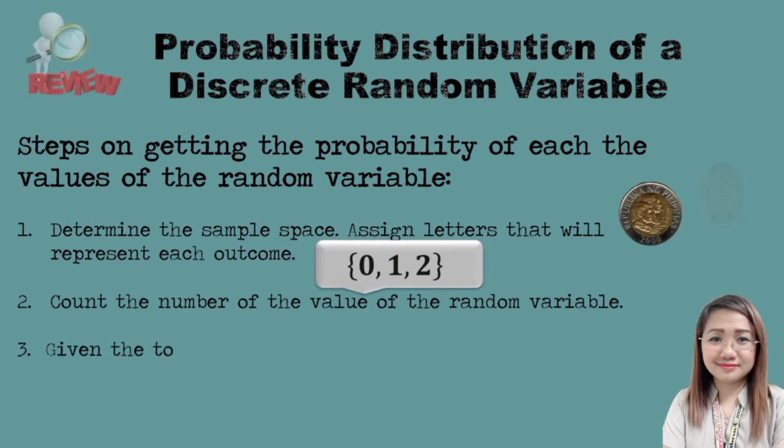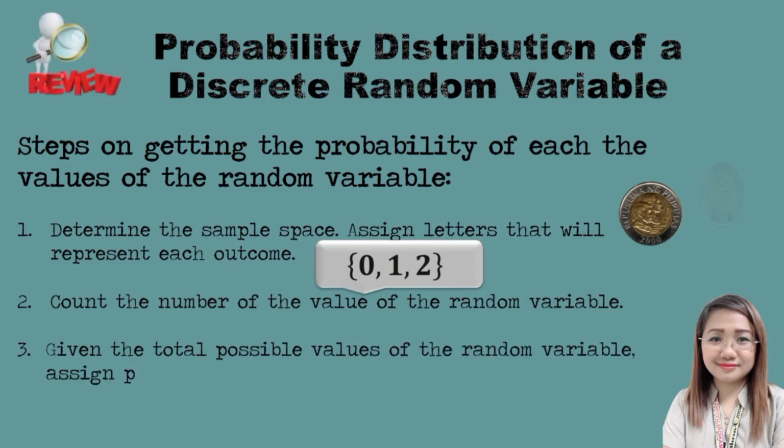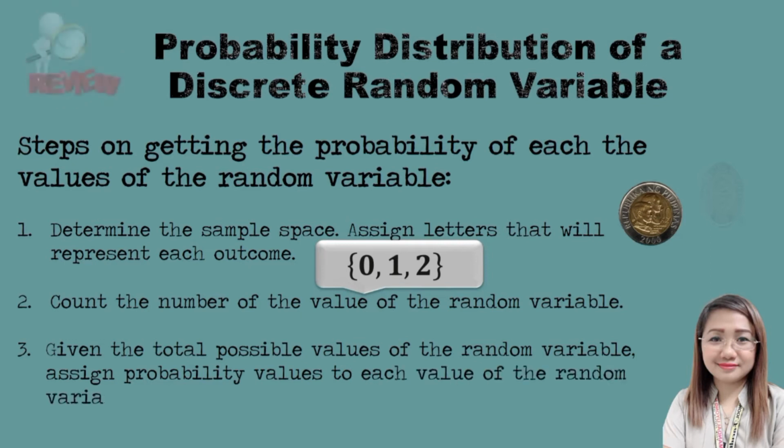Next step is, given the total possible values of the random variable, assign probability values to each value of the random variable. The probability of no head will appear, based on the given experiment, is 1/4. The probability of 1 head will appear is 1/2. And then the probability of 2 heads will appear is 1/4.